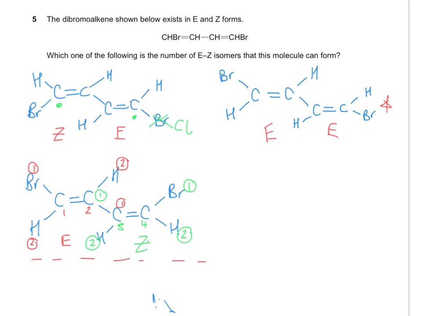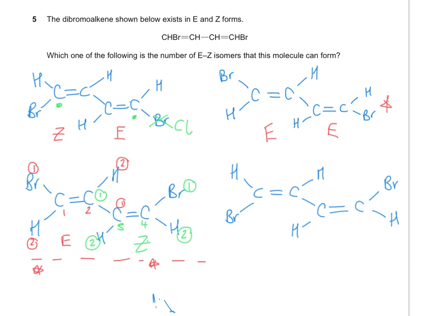Okay, so let's see if there are any other combinations. So this time we are going to keep carbon 4 the same and go back and change carbon 1 into the original arrangement. So changing carbon 1 back to the original arrangement of hydrogen on the top and bromine on the bottom, and then carbon 4, as we've just recently rearranged it, to bromine on the top and hydrogen on the bottom.